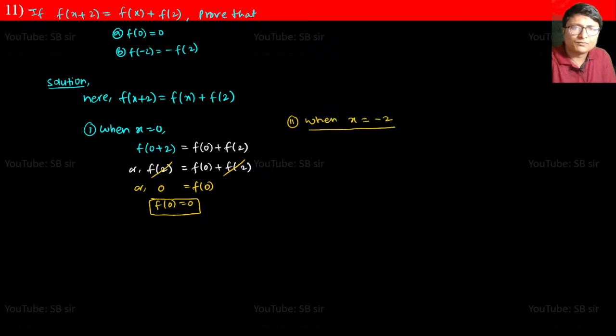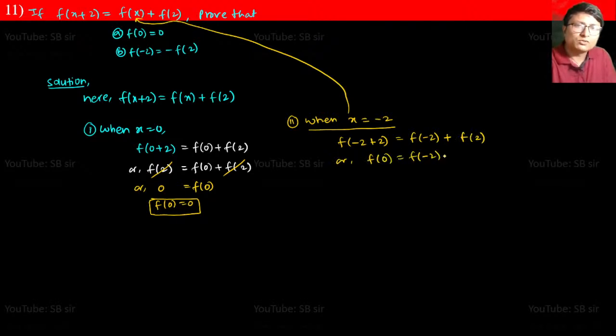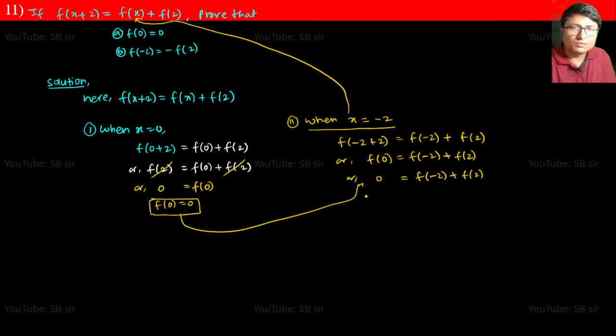Just remember the logic: when you replace all the values of x with minus 2, we get f(-2+2) = f(-2) + f(2). So f(0) = f(-2) + f(2). We already have f(0) is 0, so I replace f(0) with 0: 0 = f(-2) + f(2). Shifting f(2) to the other side, -f(2) = f(-2).